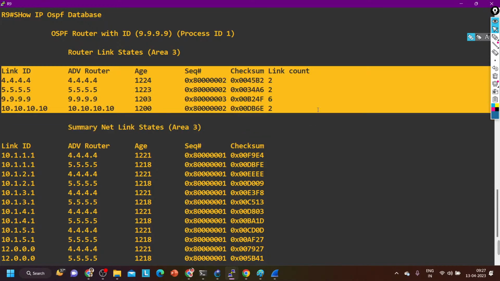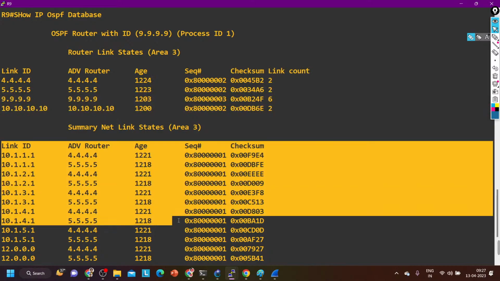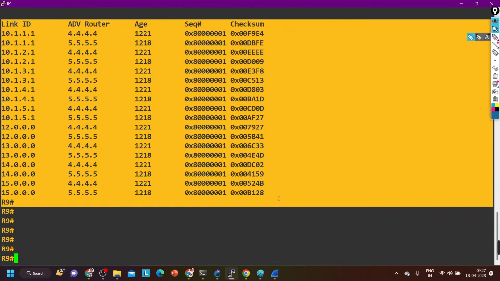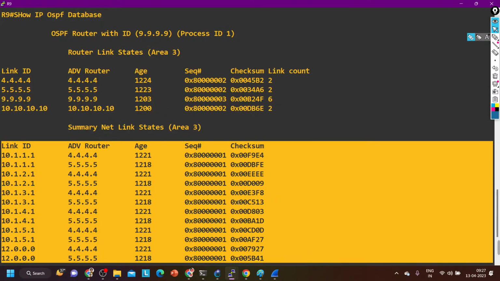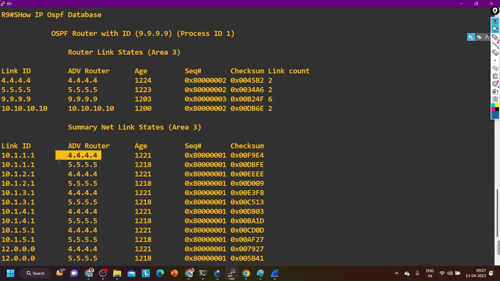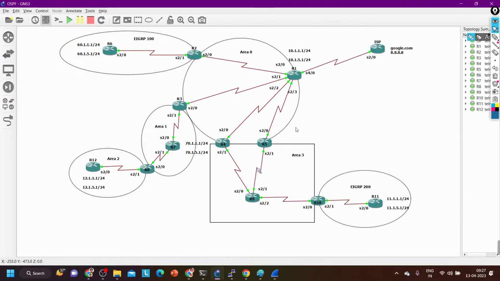So these are the LSA 1 of area 3 and these are LSA 3. Who is generating them? 4.4.4.4 and 5.5.5.5, my ABR routers. Yes or no? See, there are two ABRs in area 3.